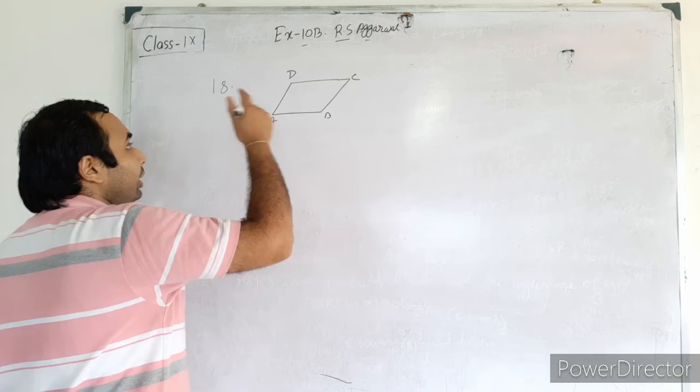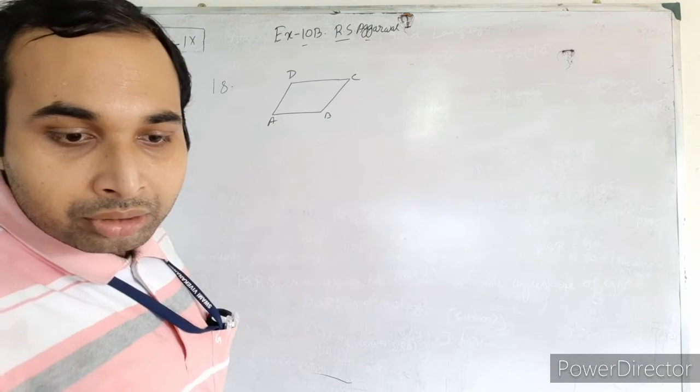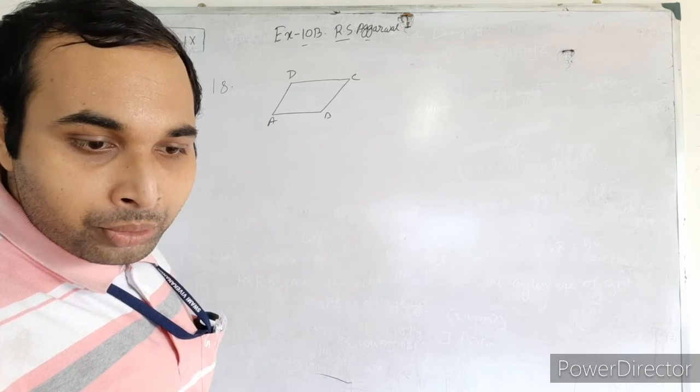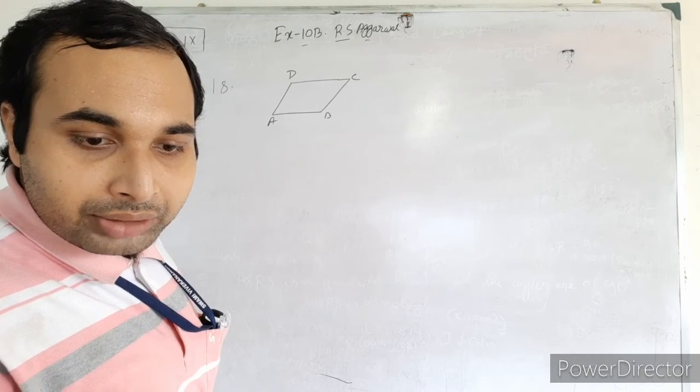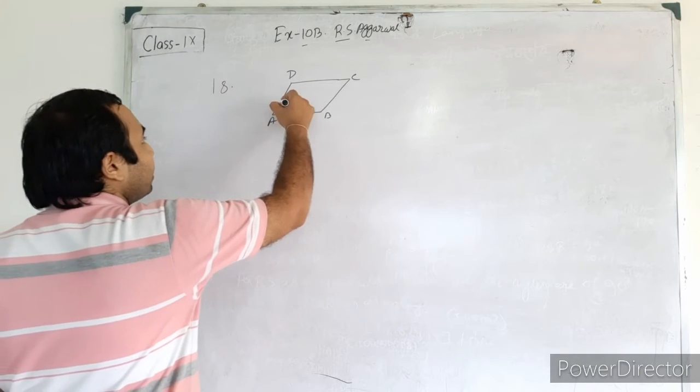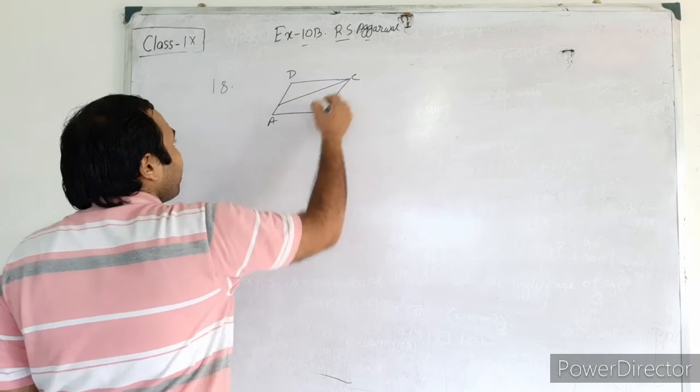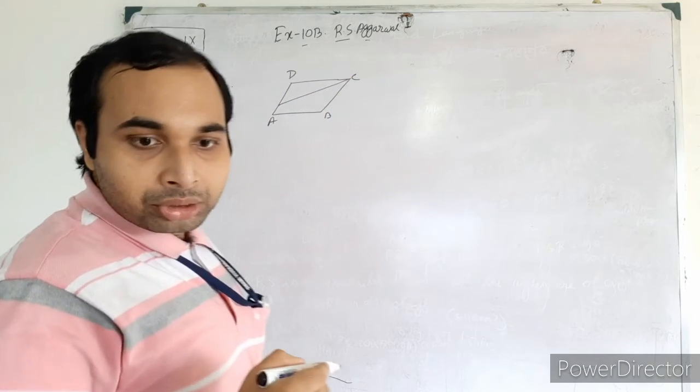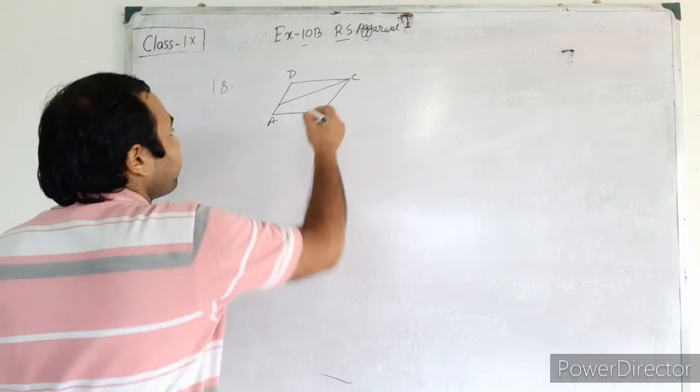Okay, so ABCD here, this is the parallelogram. Here P and Q, nothing is properly given, so I am taking P here and Q is here.